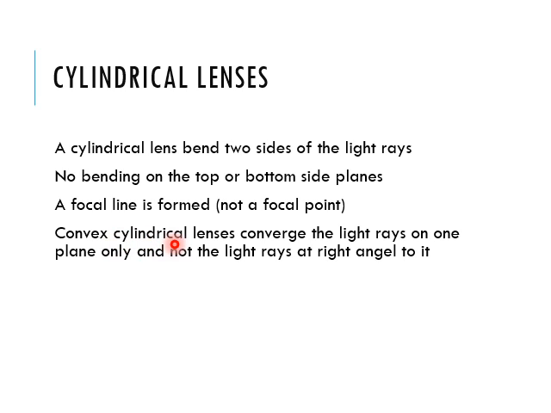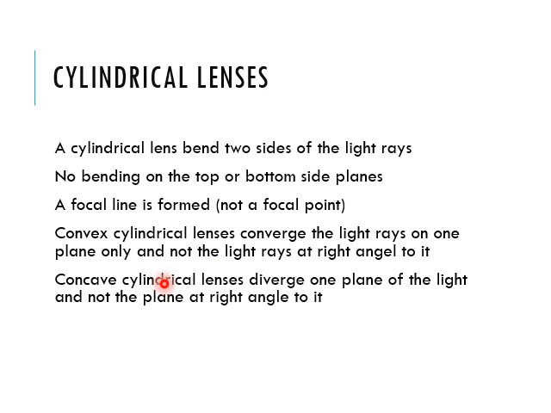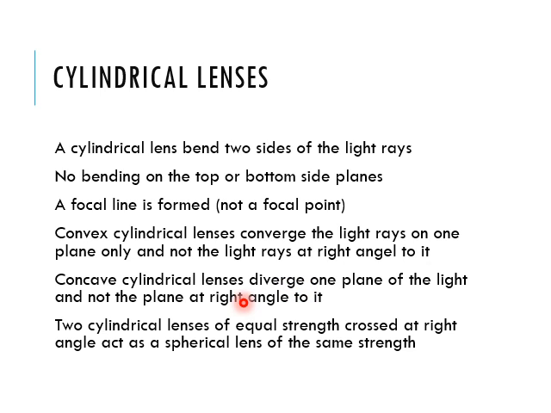Then we have convex cylindrical lenses. They converge the light rays in one plane only and not the light rays at right angles to it. And concave cylindrical lenses diverge in one plane and not in the plane at right angles to it. So if we place two cylindrical lenses of equal strength at right angles to one another, we can create a spherical lens of the same strength.